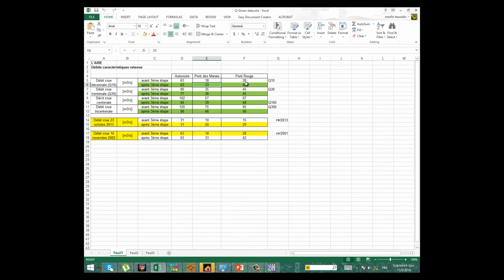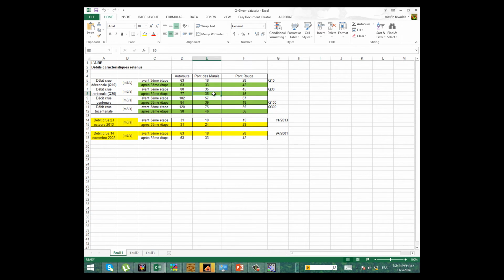Pont Rouge is just the entrance to the tunnel. So around the entrance to the tunnel, the flood will increase to 42 meter cube per second. It was 33 before at the Pont de Marais because of the tributaries, affluences, and other additional flows. It increases to 42. It's obvious.